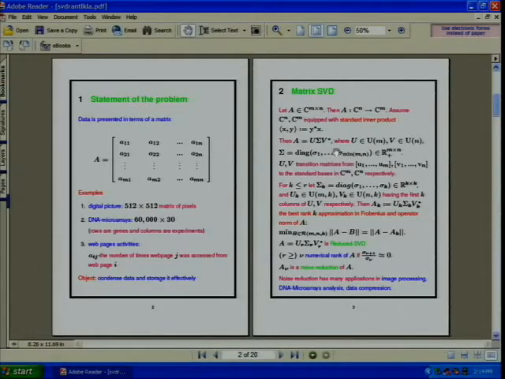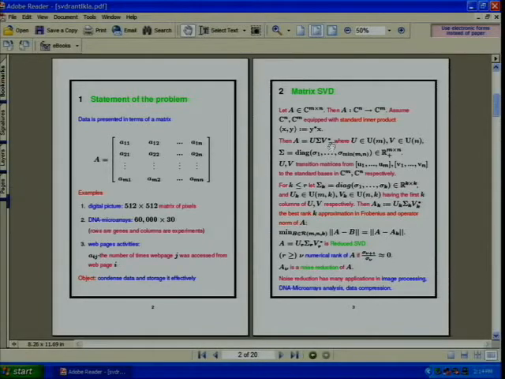If somebody remembers symmetric matrices, it would be the spectral decomposition. But usually this matrix doesn't have to be a square matrix. Look at even the screen here. It's not square, so the matrix is rectangular.